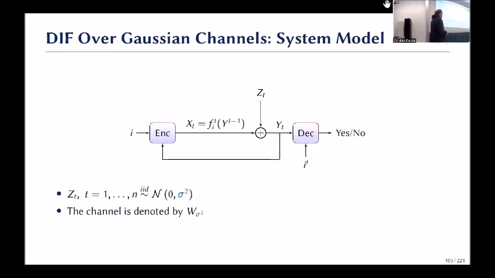We generalized this for the Gaussian channel. So we looked at the Gaussian channel, the same model with noiseless feedback. We use a normal notation here. The noise is now denoted by sigma square. Everything is Gaussian distributed.